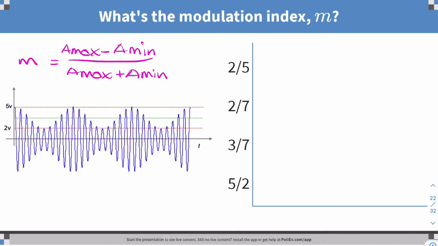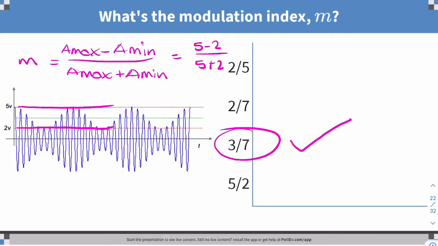That's the modulation index we're after. So if you look at it, A max looks like it's 5 and A min is 2. So that's the maximum envelope, and this looks like it's the minimum envelope. So it's 5 minus 2 over 5 plus 2. So that's your modulation index. And we found that simply by inspecting the amplitude. We didn't need to look at the frequency at all.